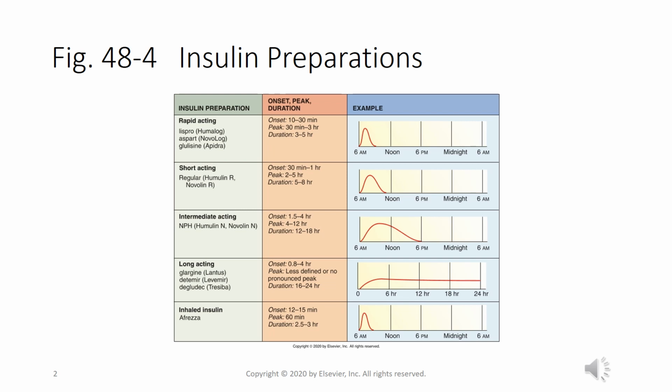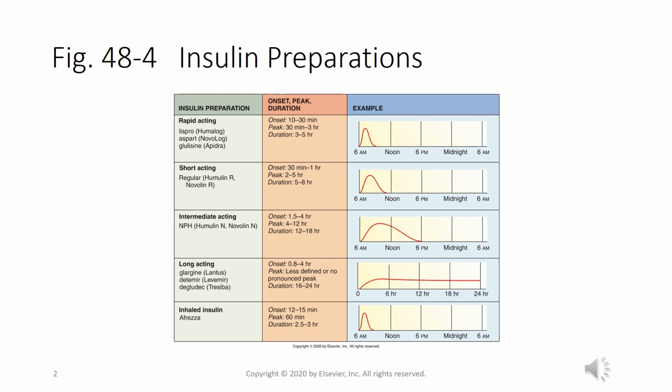You have a table with the different types of insulin, onset, peak, and duration posted on Blackboard. I mentioned it's on your quiz, so I do want to clarify any questions about the different types of insulin. Make sure you jot down questions that you have so that we can go over it.